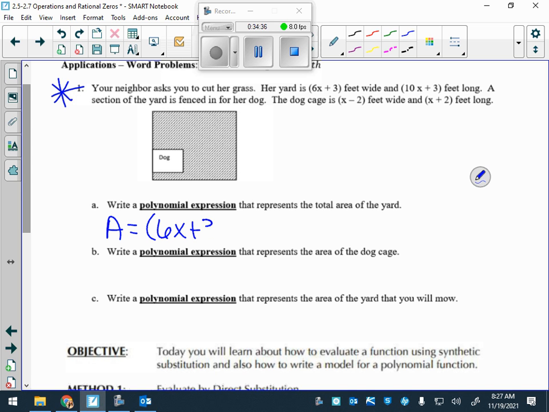Perfect. Okay, so that's what you're using to multiply. So you want to multiply. Your polynomial expression is after you multiply it through. So go ahead and take a minute and multiply those through.